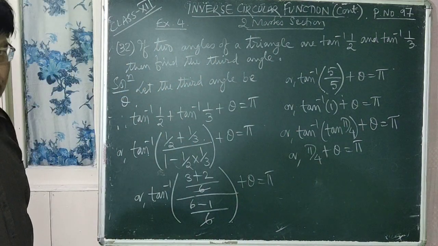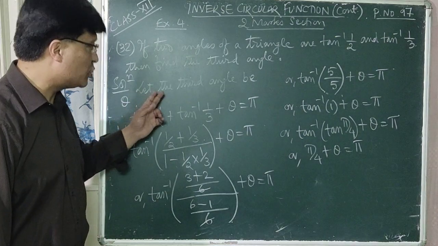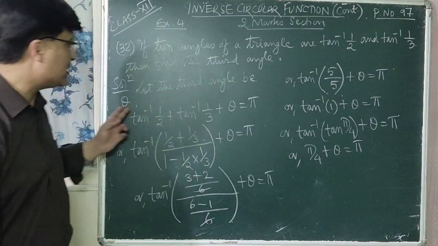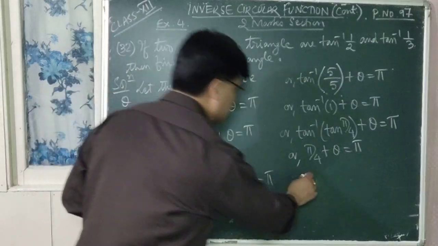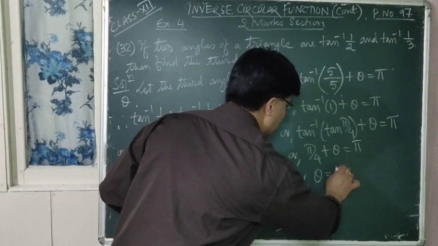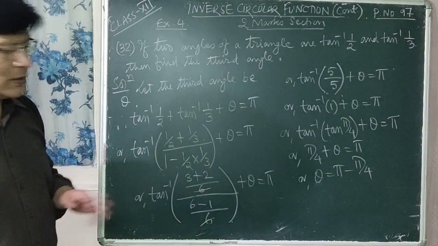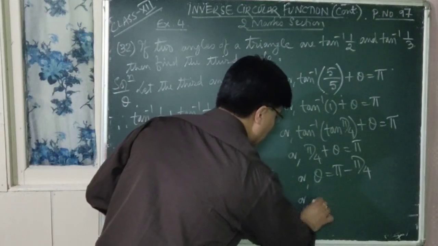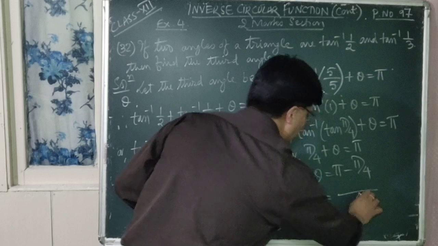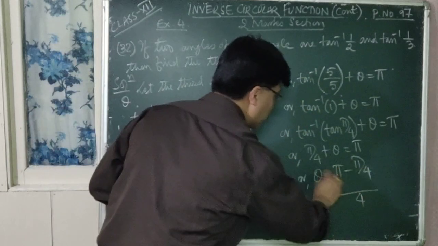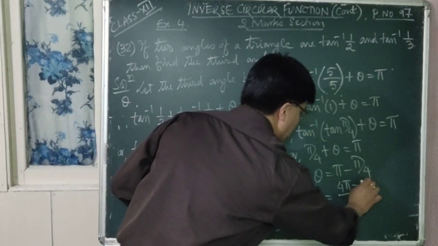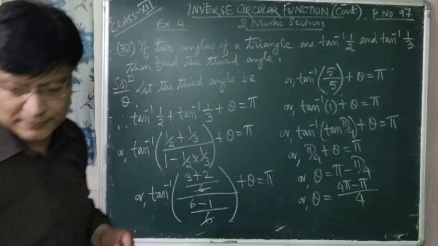The unknown value is theta, and we had assumed the third angle as theta. Theta is equal to pi minus pi by 4. You can take the LCM and simplify it: 4 pi minus pi.